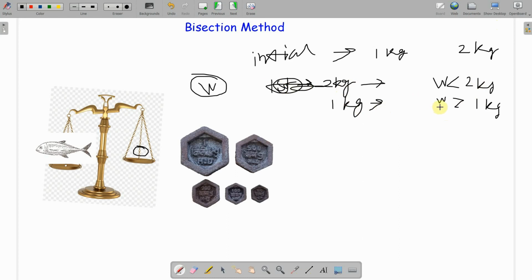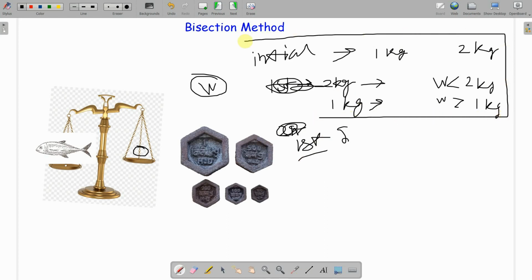Okay, now what he will do, after checking his first guess, he will go for the second guess and put a weight. Let's say he puts a weight of 500 gram on this side.